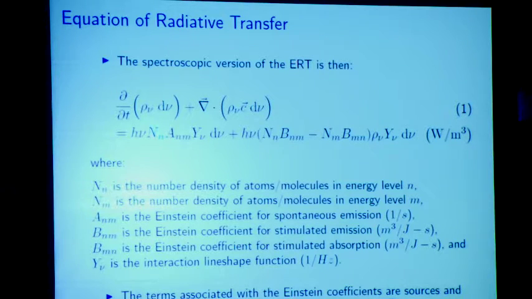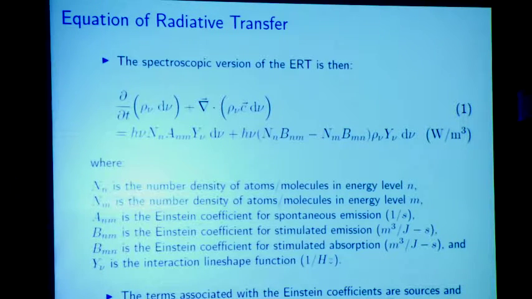So here, n sub n is the number density of atoms or molecules in the upper energy level. N sub m over there is equal to the number in the lower energy level. A is the Einstein coefficient for spontaneous emission, given right there. So this term describes spontaneous emission from molecules within the volume, and that's the one that produces an LIF signal.